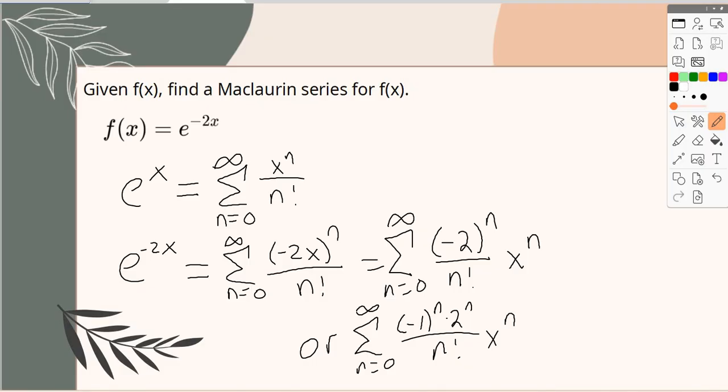It's just that if it was multiple choice, a lot of times they're going to pull that negative 1 out, so that it's easier to see that it is an alternating series. I would do that. And then again, it doesn't ask us to write out the terms, but if I wanted to, we start at 0, so I would just get a number, then I would plug in 1 or 2 and so forth, for however many terms it needed.